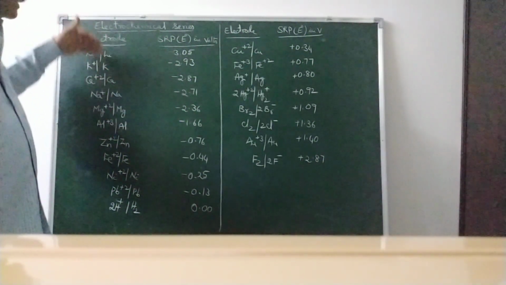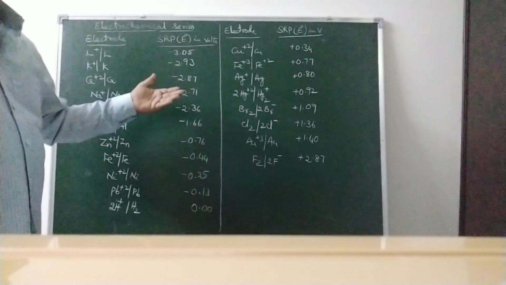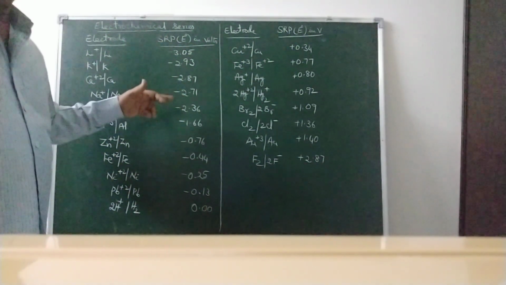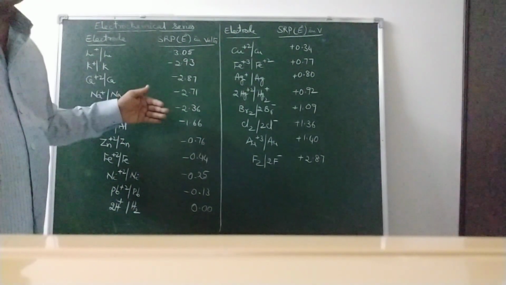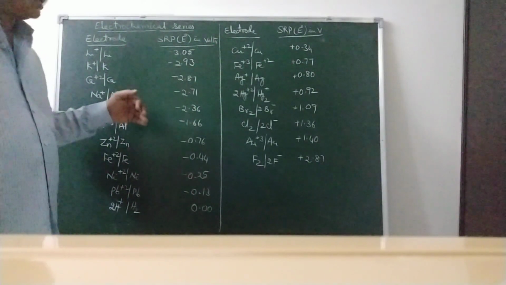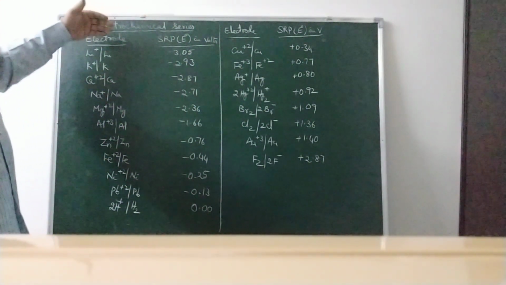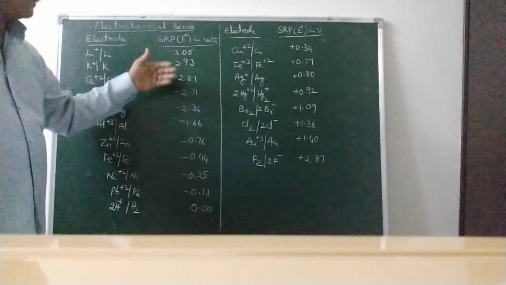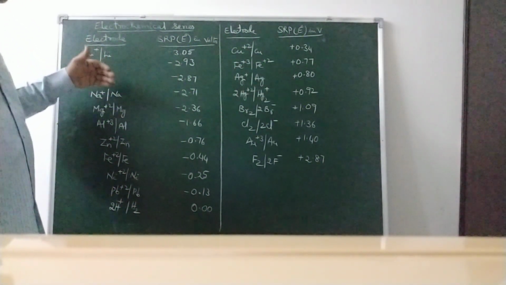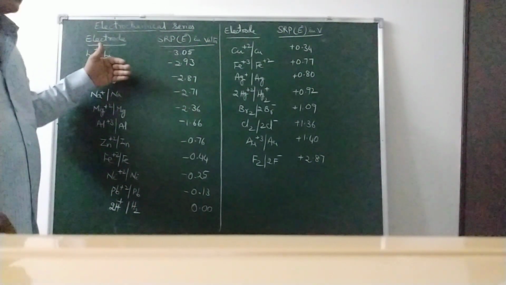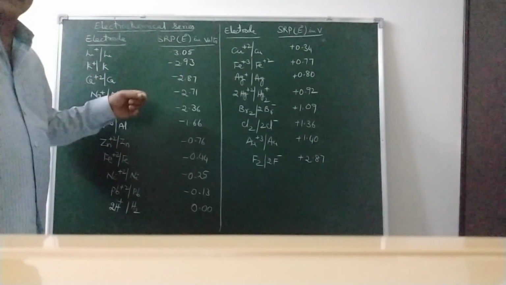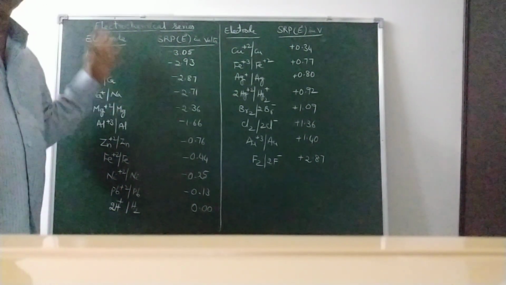If we remember this series, we can say immediately, or if SRP values are given, then also we can decide which one is anode and which one is cathode. If we arrange the electrodes in increasing order of their SRP values, the electrode which lies above acts as anode and the electrode which lies below acts as cathode.